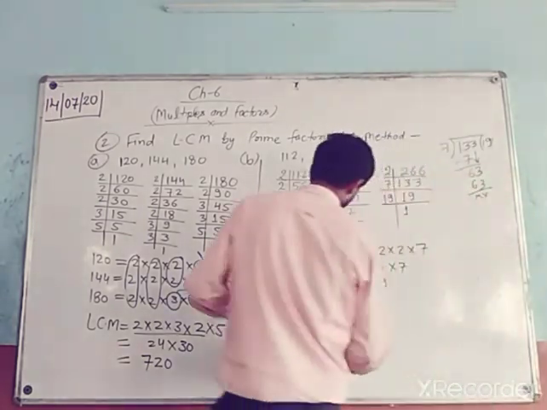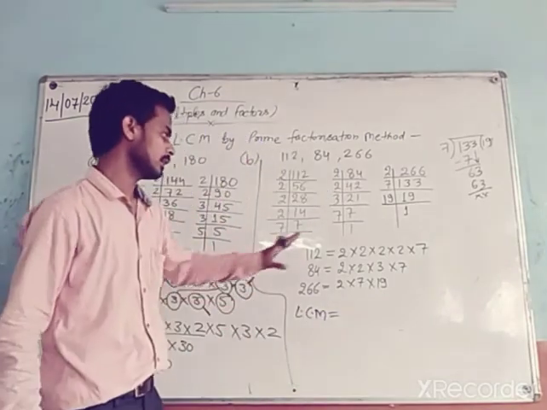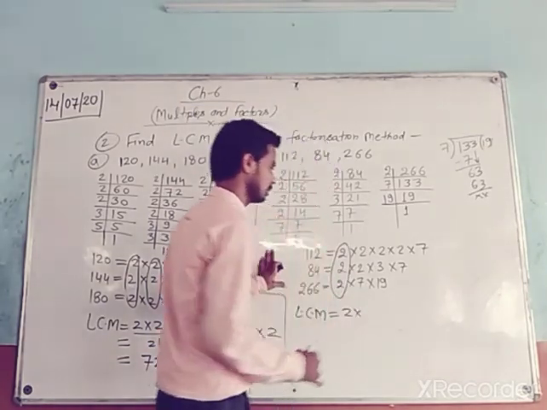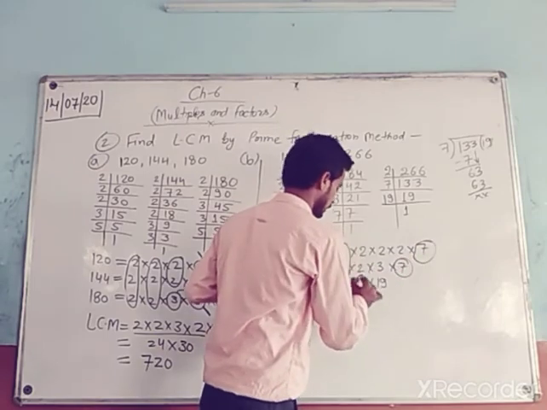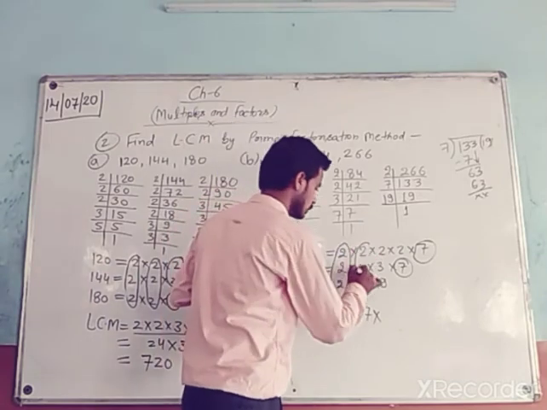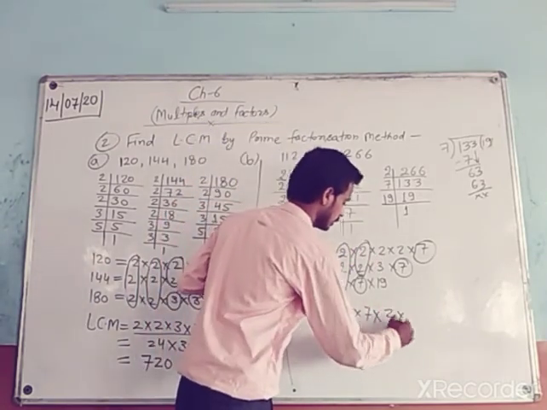Now LCM, again same process, take the common numbers: 2, then 7, 7 and 7. So write here 7. Again you can see 2 is common between 112 and 84. Write it also.